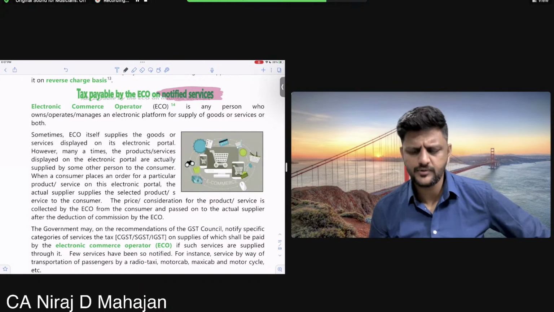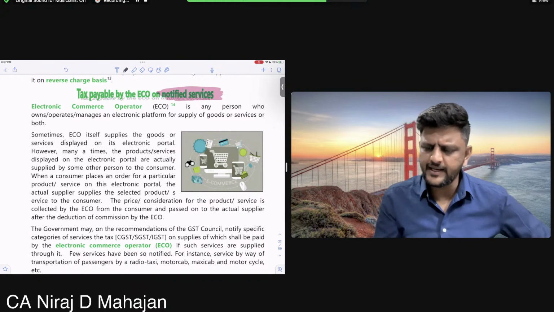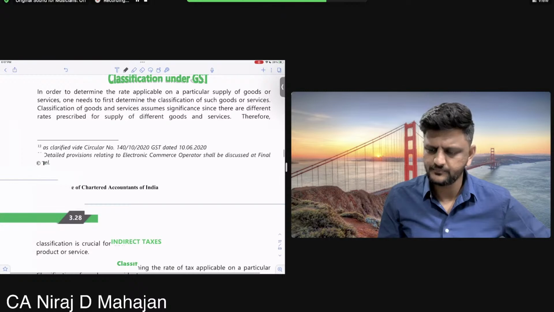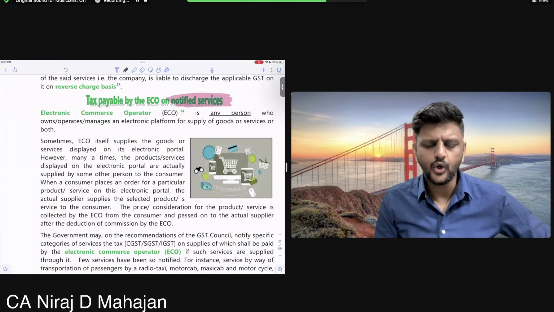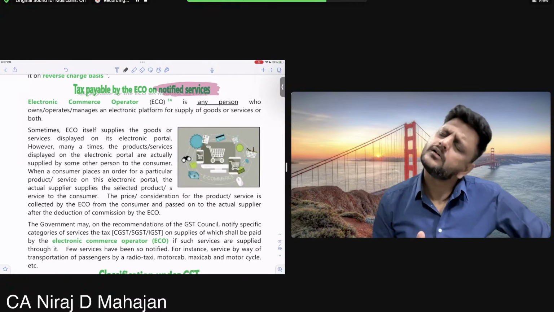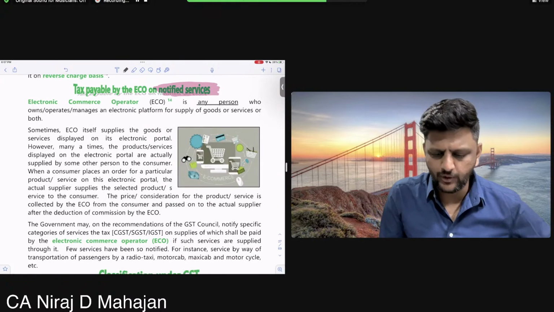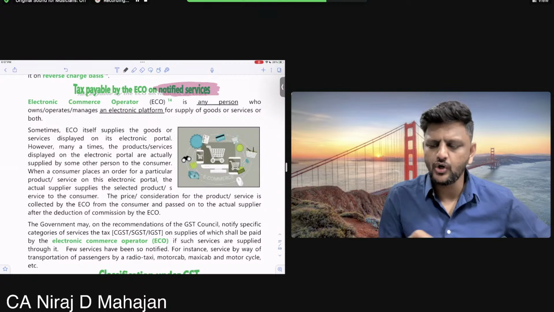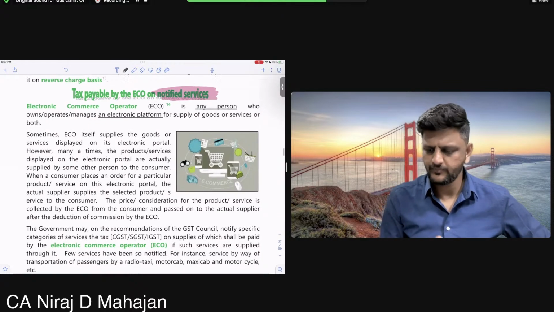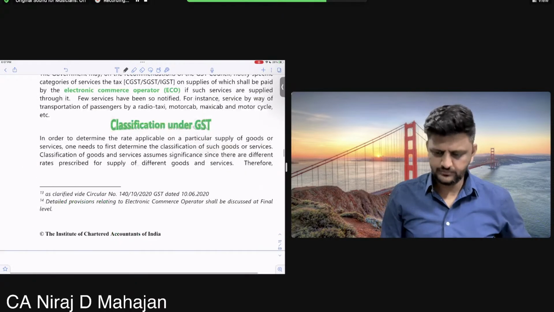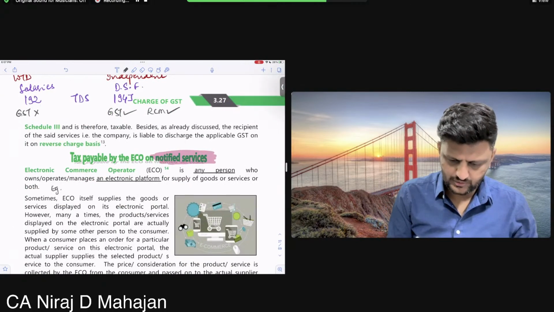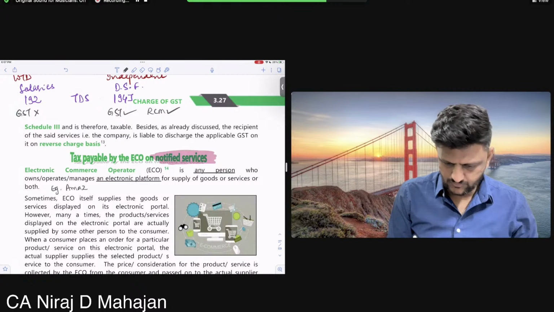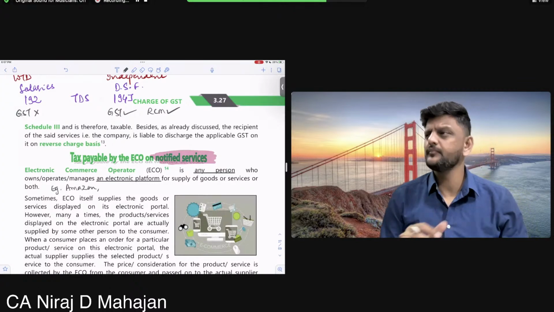Electronic commerce operator, ECO, is any person who owns, operates, manages an electronic platform for supply of goods or services or both. You can add some examples: Amazon, Zomato.